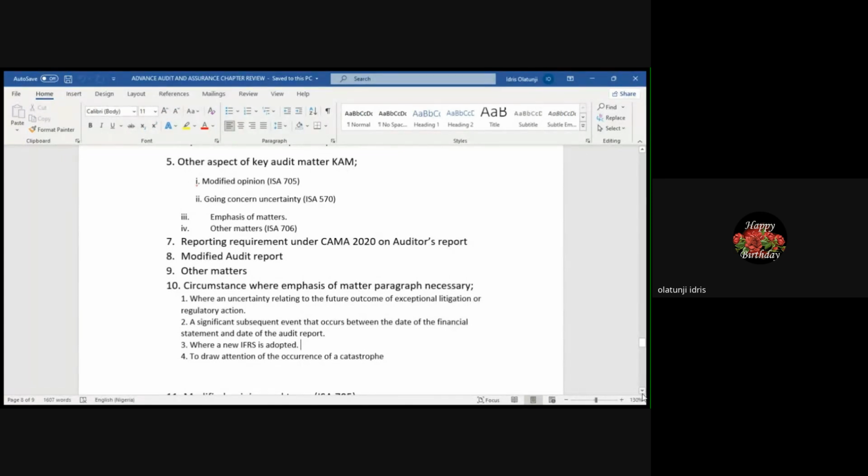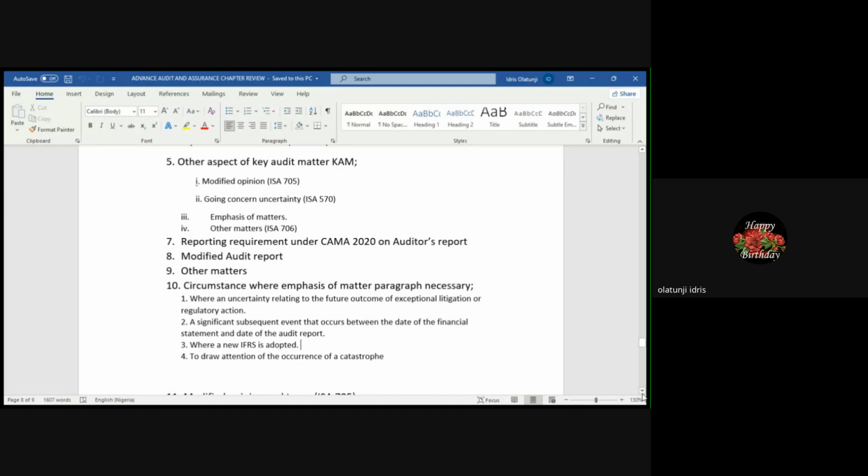From what you are saying, it's not likely for the company to have a good edge in this situation. So you have to put it in the matter paragraph to let the public know that the company is actually handling a court case. So if you now invest in the company, and the company later liquidates, you cannot say that it is the auditor that misled you, because the auditor put it in the matter paragraph.